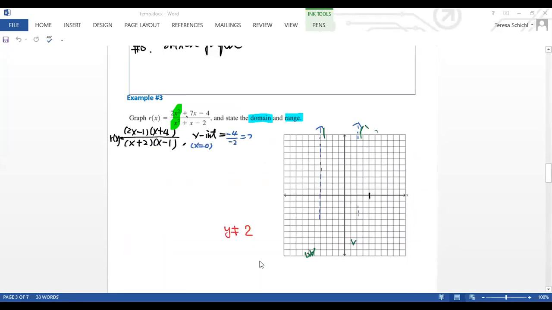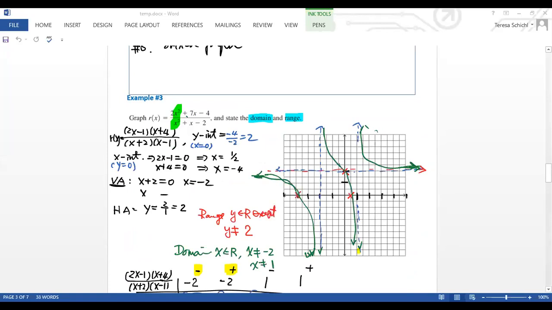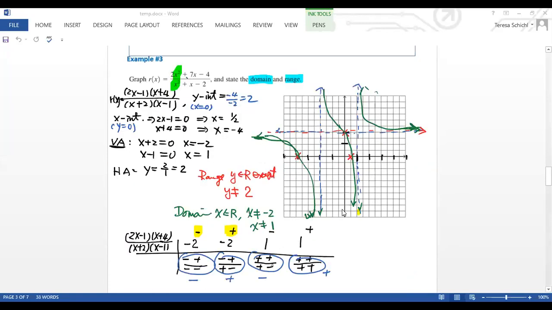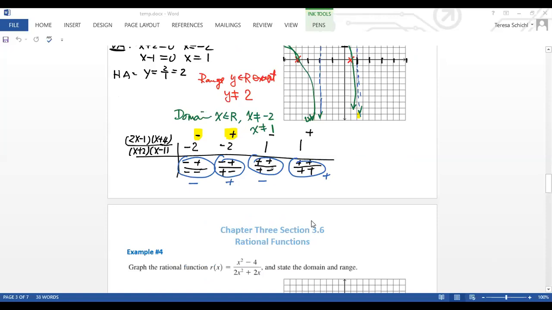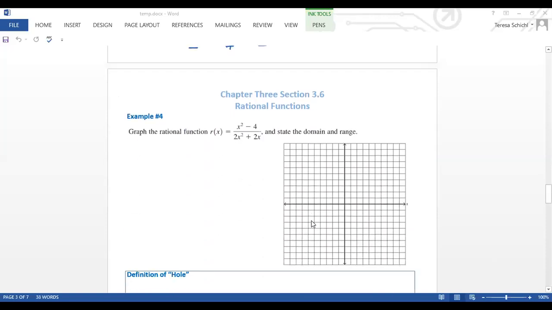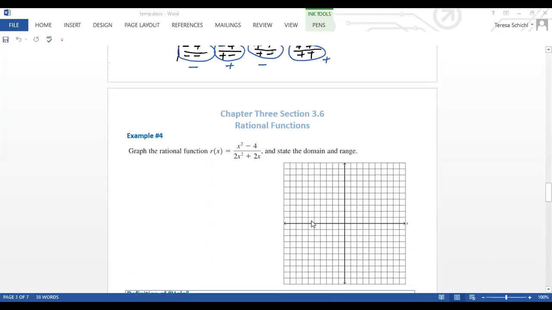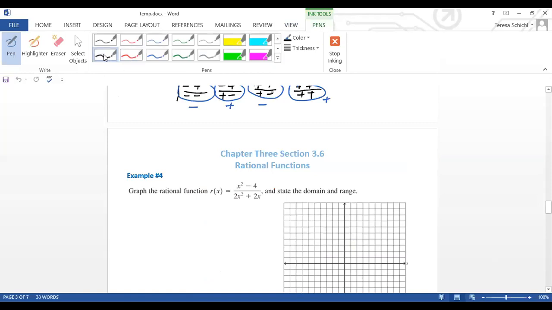Then we make a little table so we know whether the graph goes to negative infinity or positive infinity. Let's do a quick review and one more example before we talk about holes.